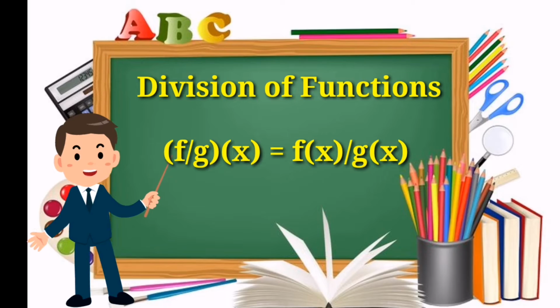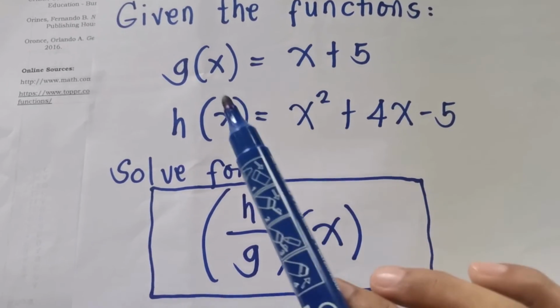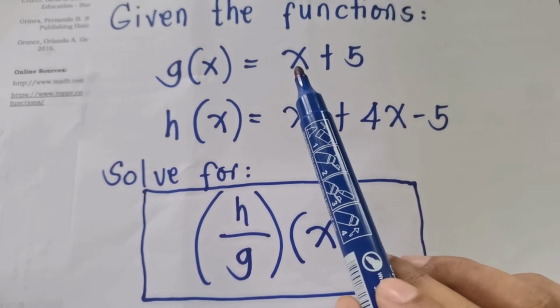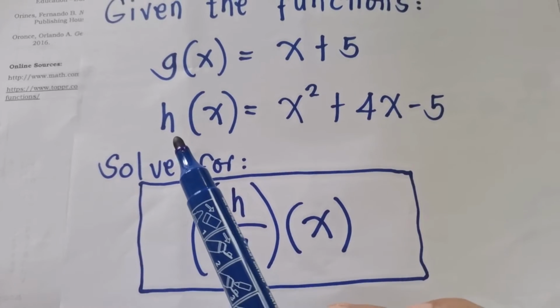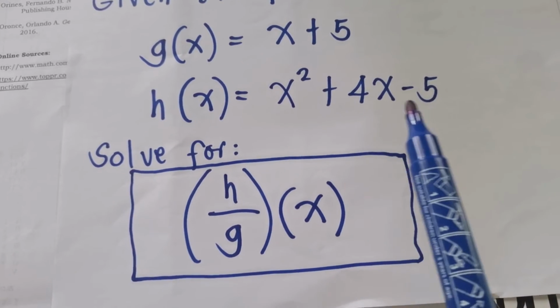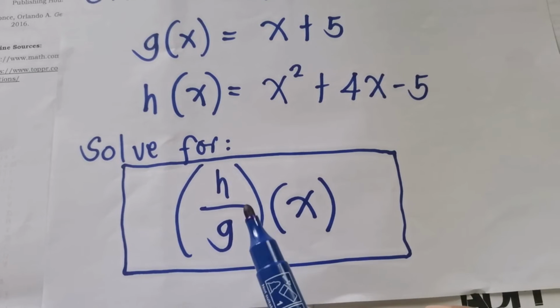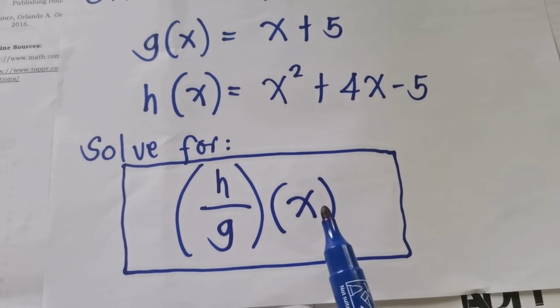For example, given the functions g of x, which is equal to x plus 5, and h of x equals x squared plus 4x minus 5, let us solve for the quantity h over g of x.